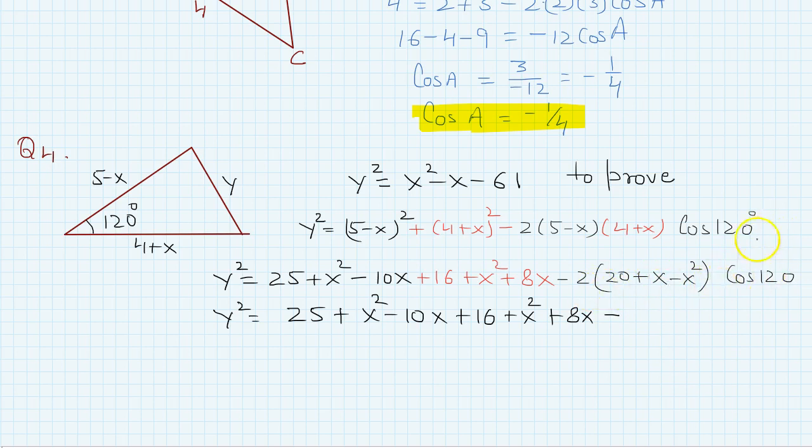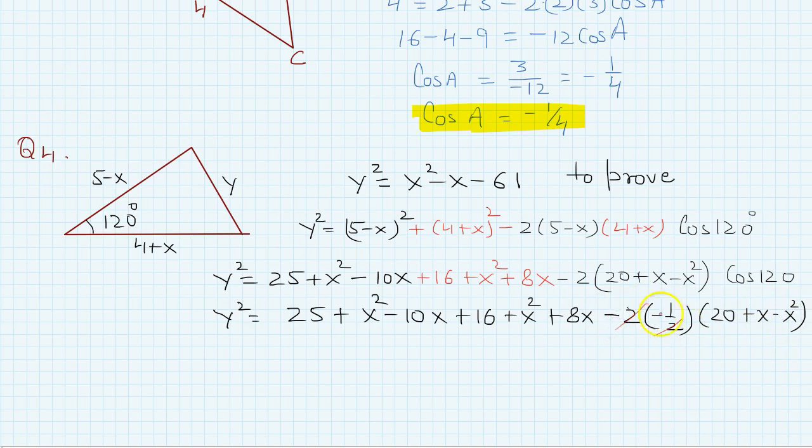Now we have to simplify this thing, so this is minus 2, cos 120 is minus half, this is 20 plus x minus x square.